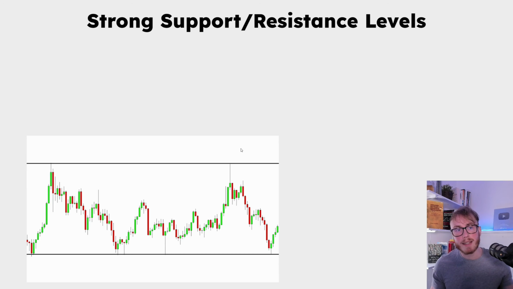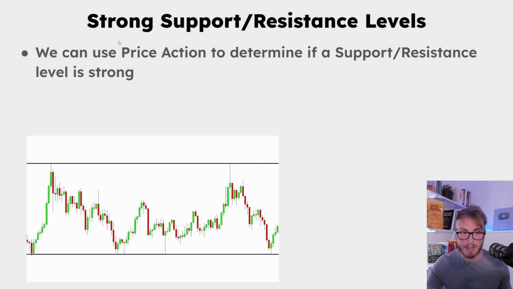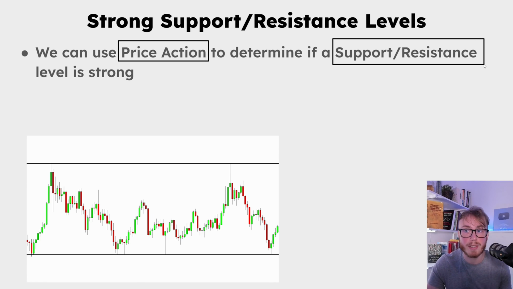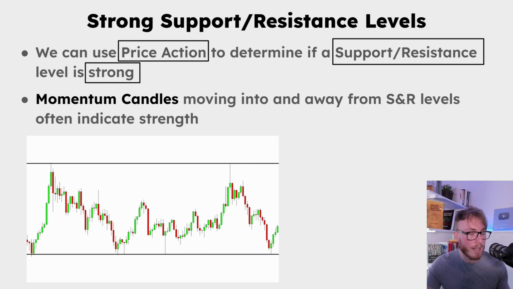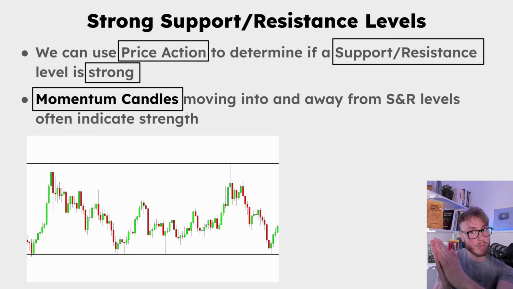So now then, let's take a look at how we can use price action to find strong support and resistance levels. As I said, we can use price action to determine if a support or resistance level is strong. And what are some key signs to look out for here? Well, one thing I really like to look out for is momentum candles moving into and away from the support level, which often indicates strength.